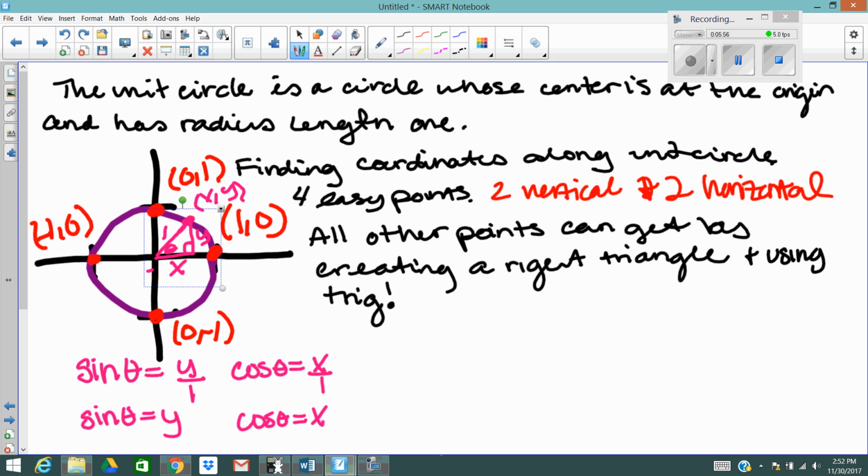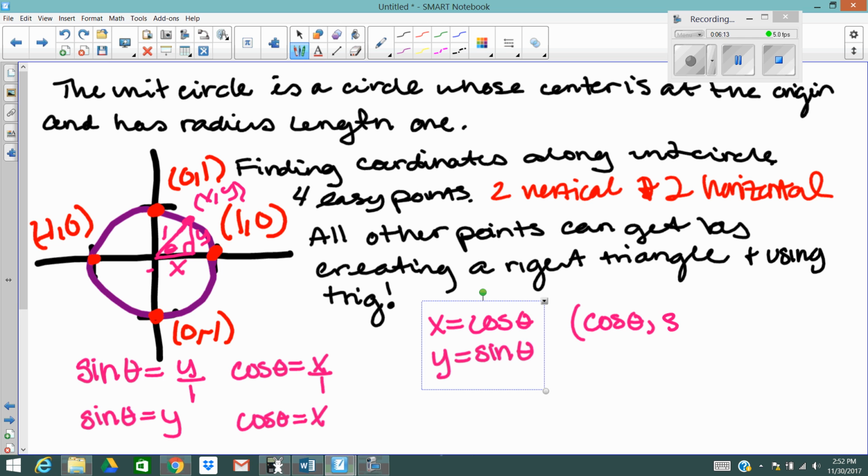So all along my unit circle, all of my x coordinates are just cosine of theta. All of my y coordinates are just sine of theta. So we can get all of our coordinates in the form cosine of theta, comma, sine of theta, right? x, comma, y.